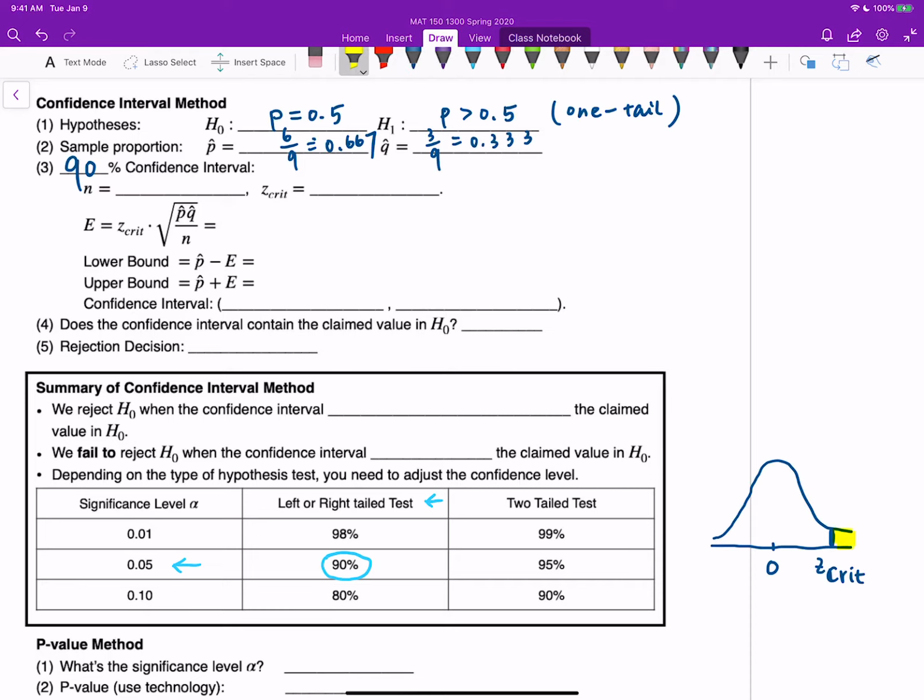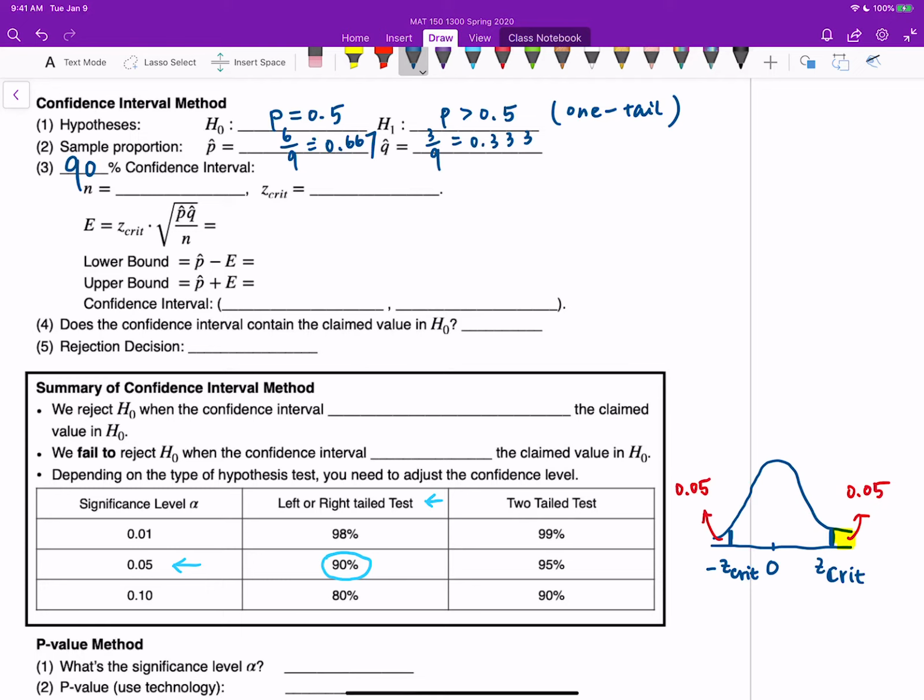Because our significance level is 0.05, this area is 0.05. By the symmetry, the left hand side tail also needs to be 0.05, given that I have negative Z crit right here. So the critical value, you have plus and minus in this graph because you have 0 in the center.